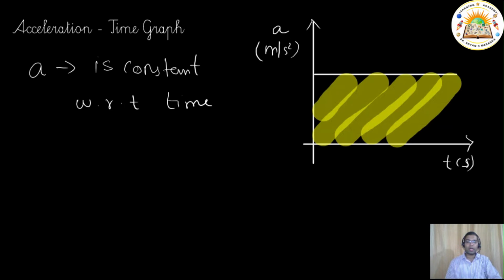So for instance, we can say that we are accelerating. If you look at your vehicles, either a two-wheeler or a four-wheeler, the maximum that you can do is accelerate it. You cannot go beyond acceleration. So therefore, there is no slope for this graph, but we can find the area.